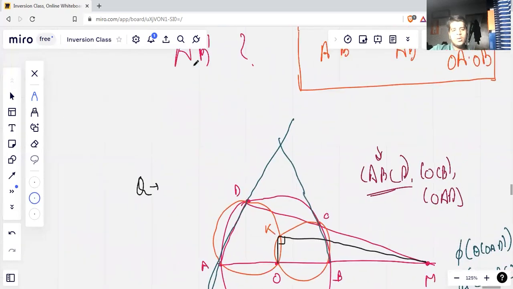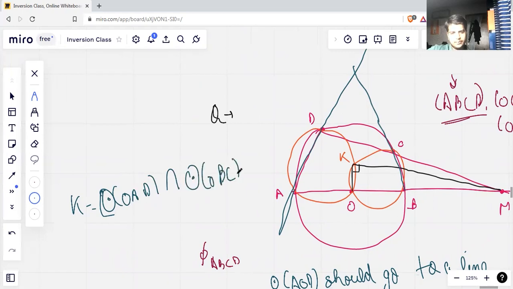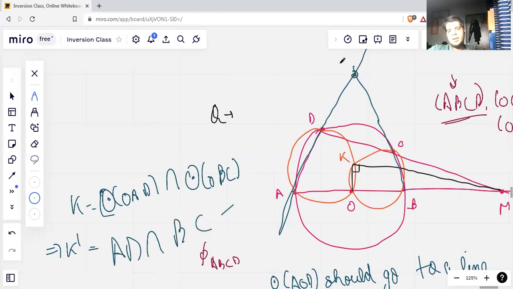So now K is OAD intersection OBC, which means K dash should be, what's the inverse of OAD? AD. What's the inverse of OBC? BC. So we get that this point is just K dash.